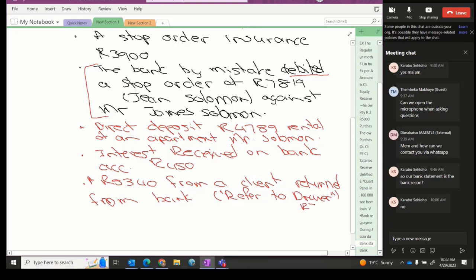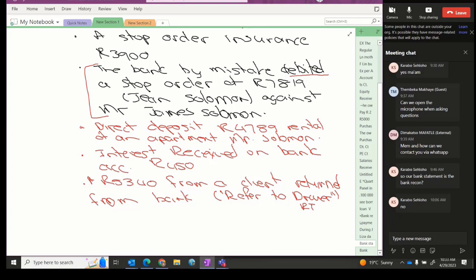They call it an RT, which means a client paid you 5,340, and then the bank says, no, this person doesn't have the money, it bounced. It seems like he paid the money, but there's no money and we have to return it.